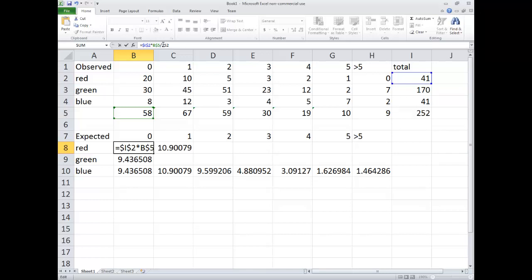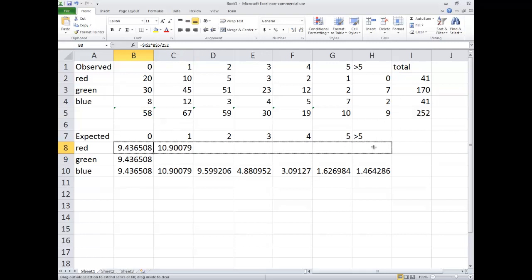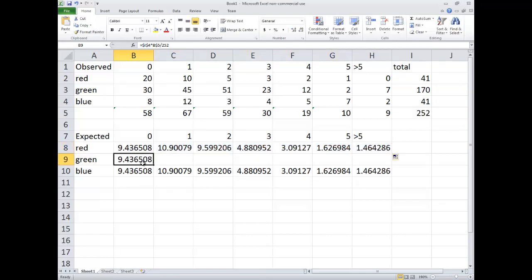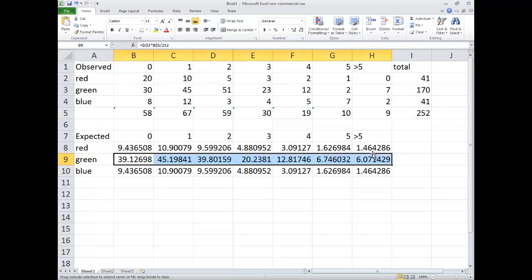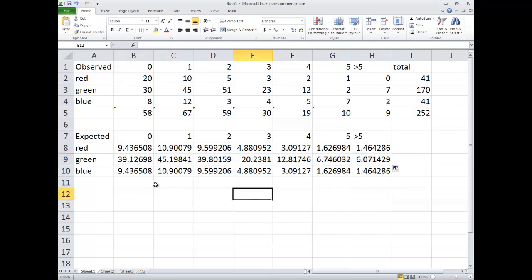B5 is okay, I think. Now let me fill that across. Okay, now let me think about this one. It's not I4, it should be I3. And fill that across. Oh, that's pretty straightforward. Okay, those are my expected. And again, obviously some of them aren't 5, so that's the issue.